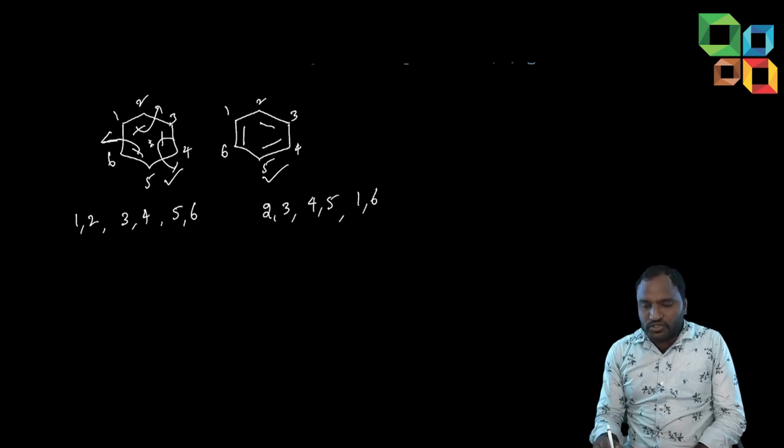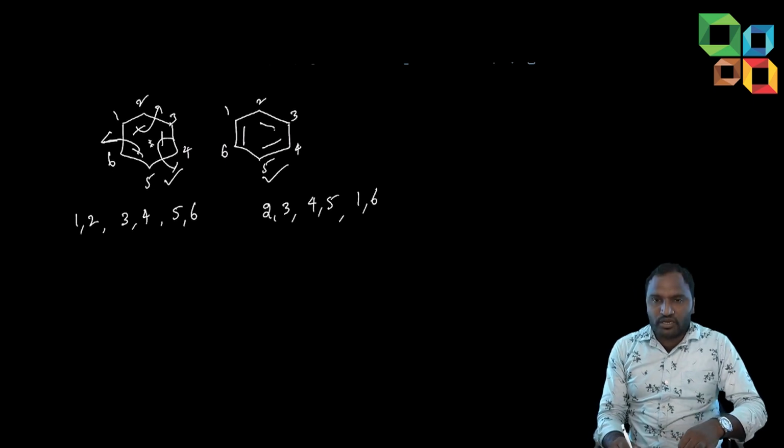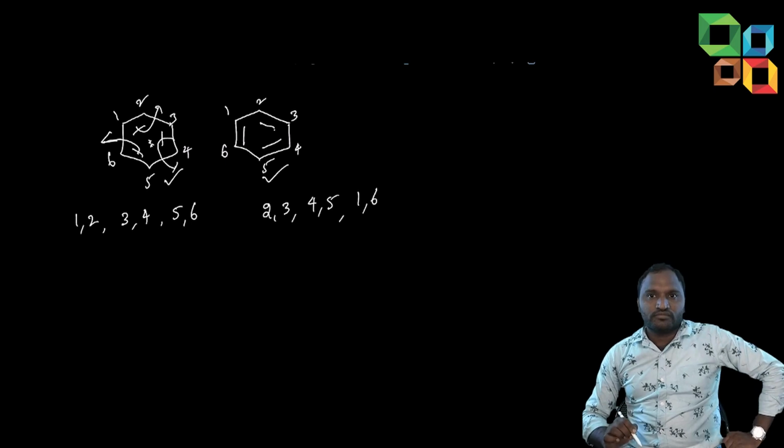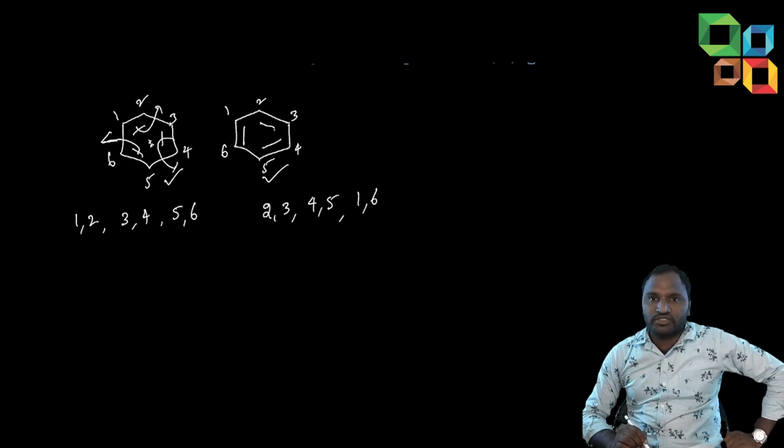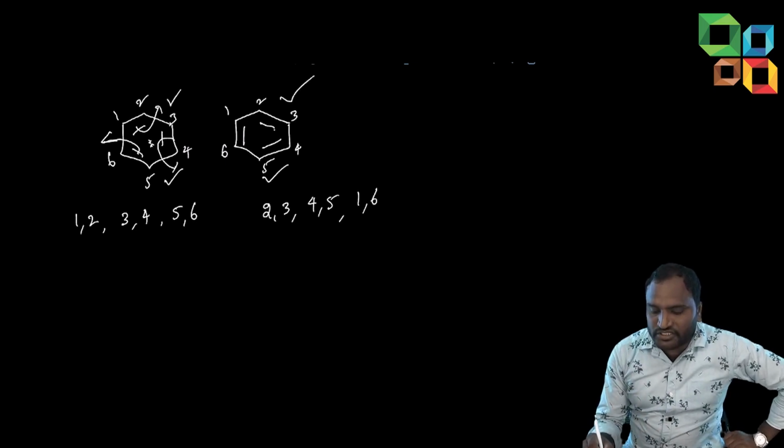Yes, they can be between 1 and 2 carbons. The double bond can be between 2 and 3 carbon atoms. Here now it is here, afterwards it will be here. This is called delocalization of pi electrons, or simply we call it resonance. So this benzene can be like this, like this.